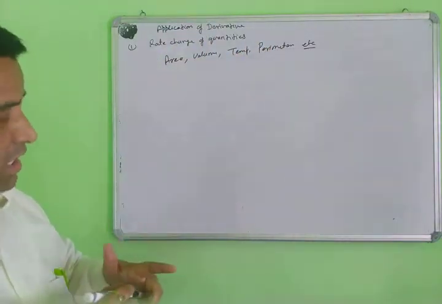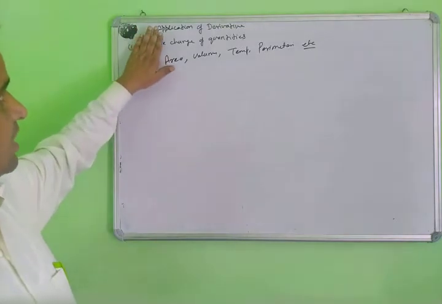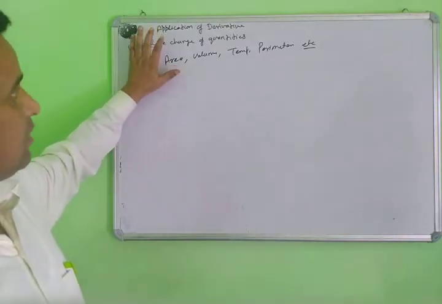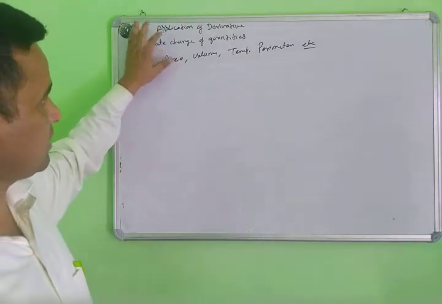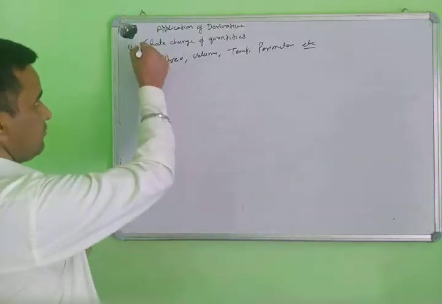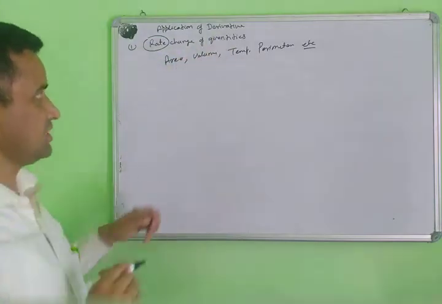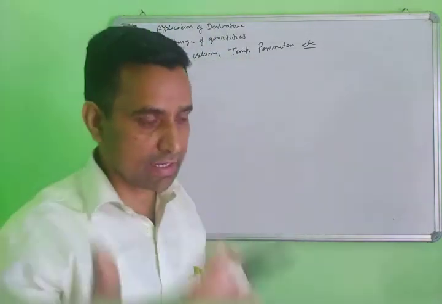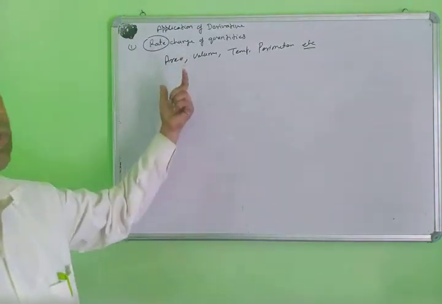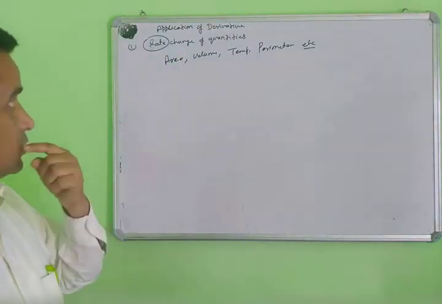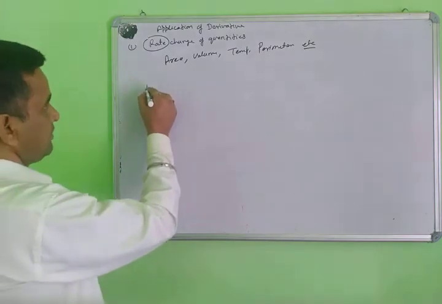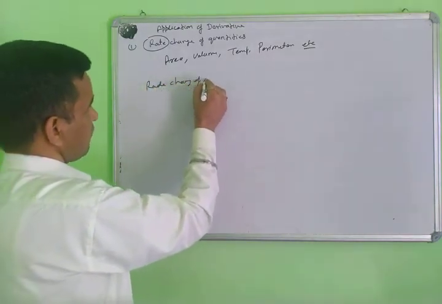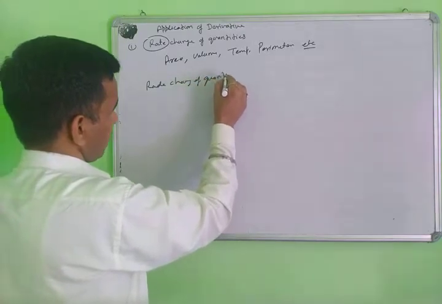Second, suppose you have the rate of change of the quantities, meaning how the quantity is changing. Rate is the second matter. First we discuss the change of the quantities: area, volume, temperature, perimeter, and other quantities, how they are changing. Suppose I am taking the rate of change of quantity.